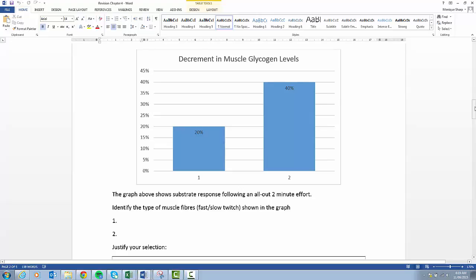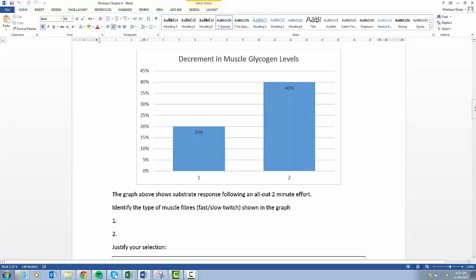Yeah, and slow twitch will have a lot more mitochondria, so there's a place for that glycogen to go. Definitely over a long period of time, but not fast. The fast twitch fibers might have more glycolytic enzymes to break it down initially at that starting point, so it's broken down faster at the start, but then it's got less mitochondria, so it can't go anywhere, so it just goes into lactic acid.